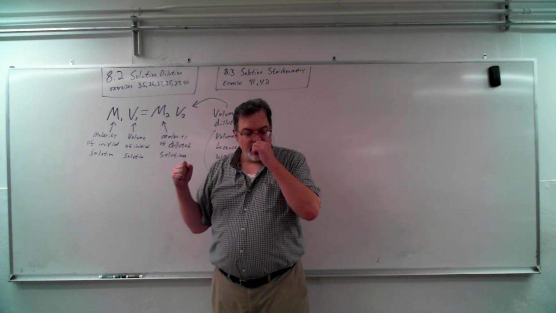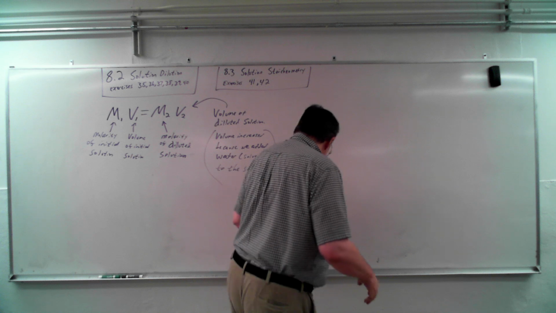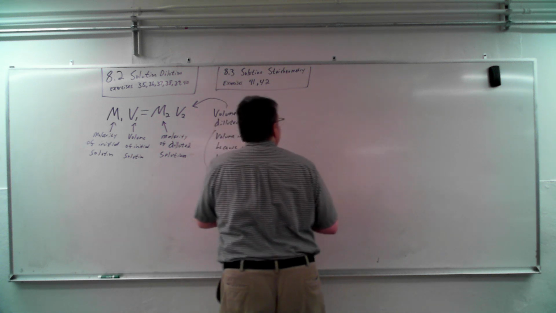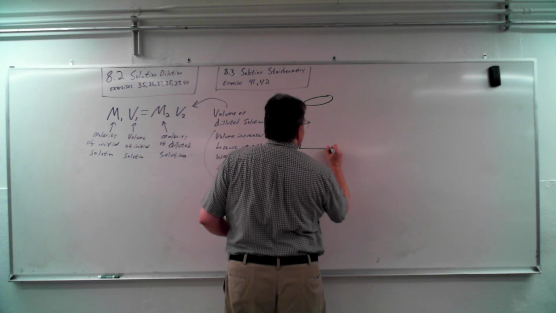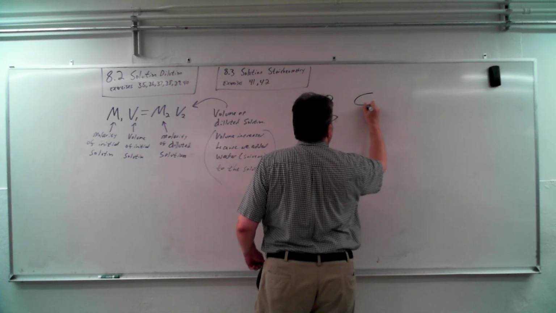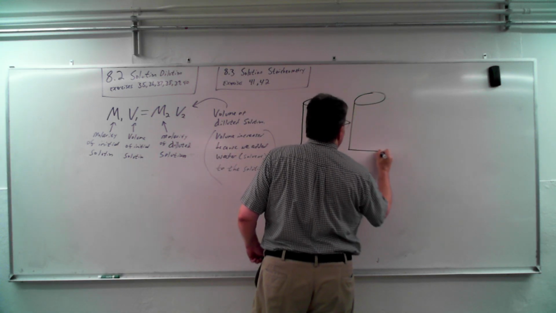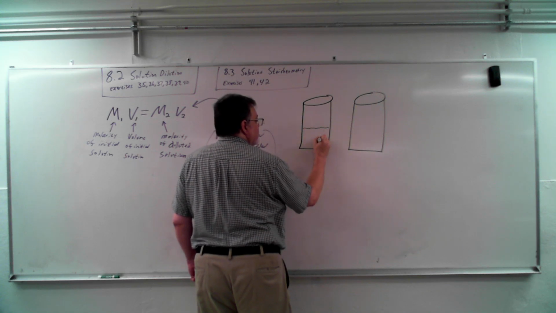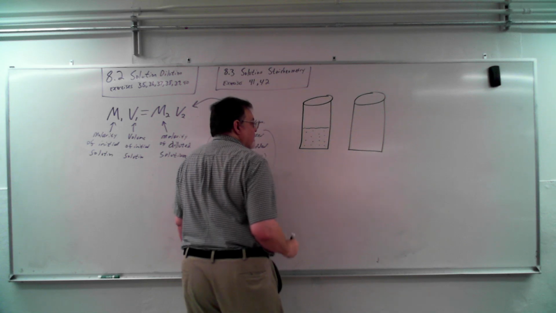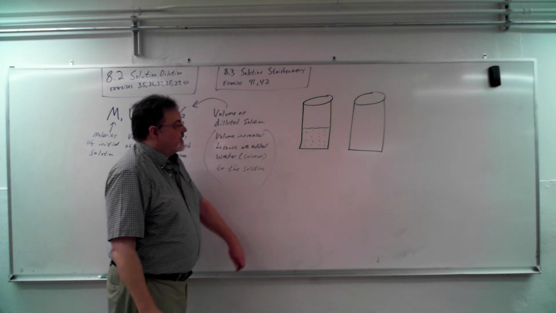And dilution means you have a solution, let's say it's in a beaker. That's my depiction of a beaker. We've got this much liquid in it. And that's the concentration.